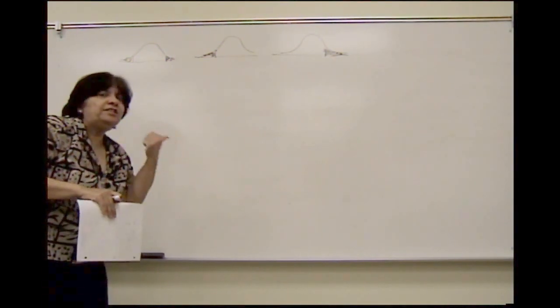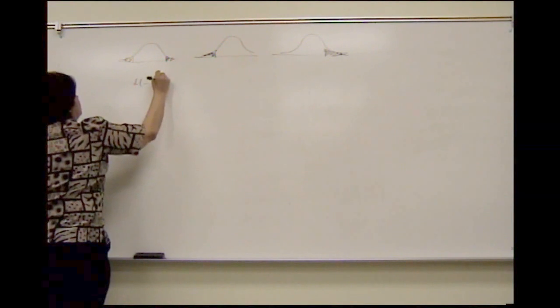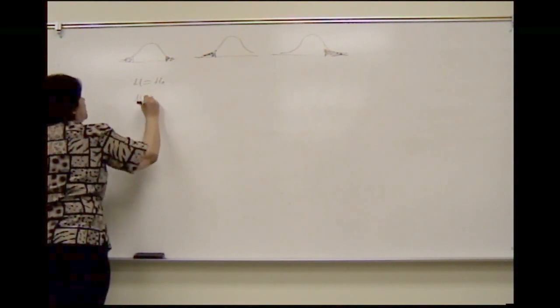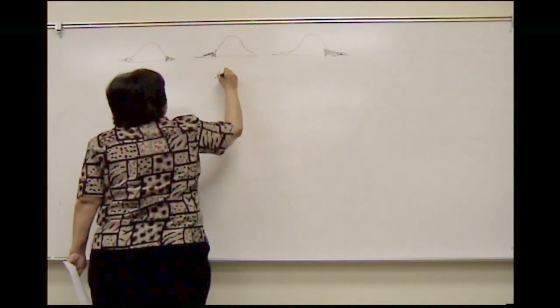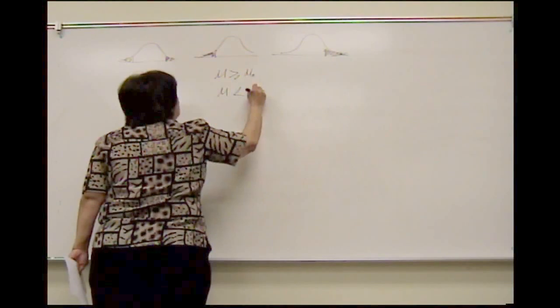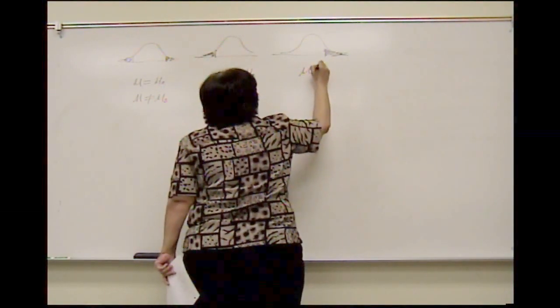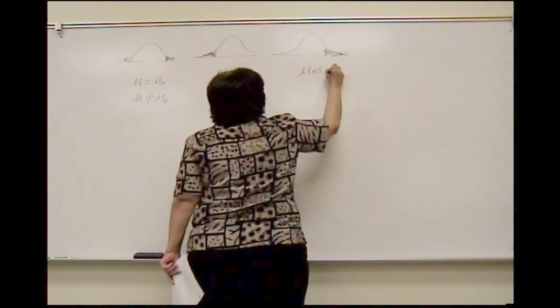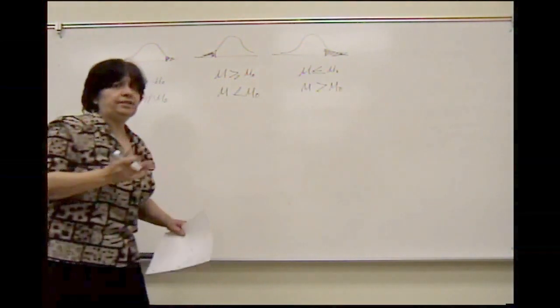The hypotheses themselves. If I have that mu is equal to mu 0 versus not equal, then it's a two-tail test. If I have greater or equal than mu 0 and less than mu 0, it's a lower tail test, and exactly the same thing is less or equal than mu 0 and greater than mu 0. We have an upper tail test.